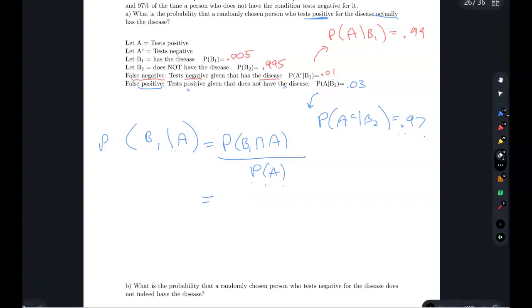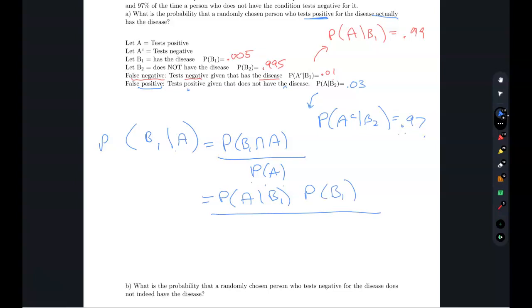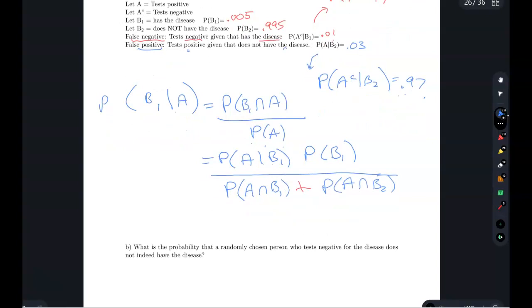The numerator is the probability of A given B1 times the probability of B1, all over the different ways that A is happening: A and B1, plus the probability of A and B2. Let's expand it out a little more.